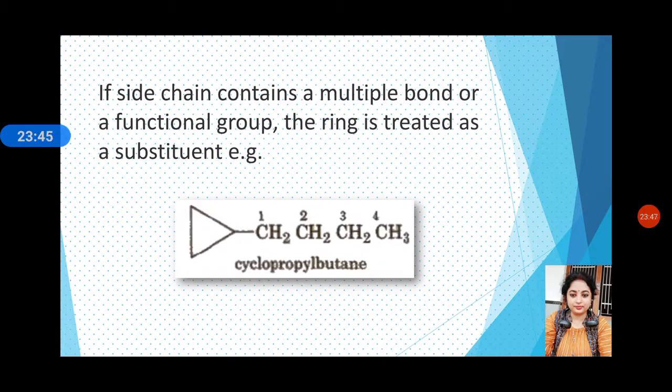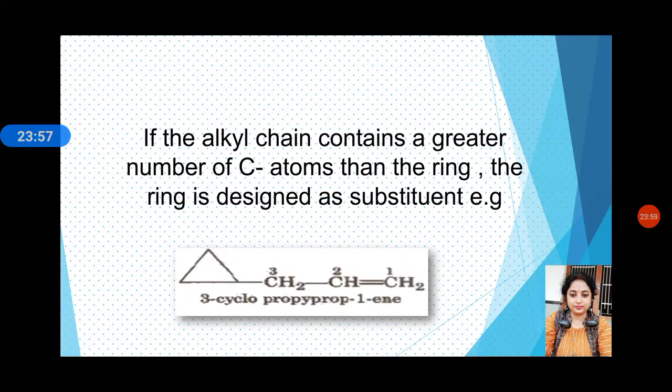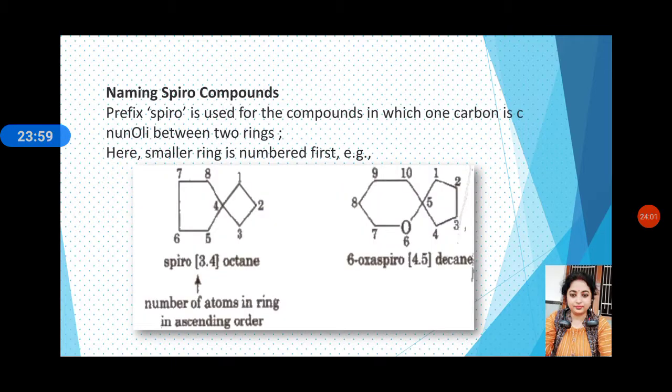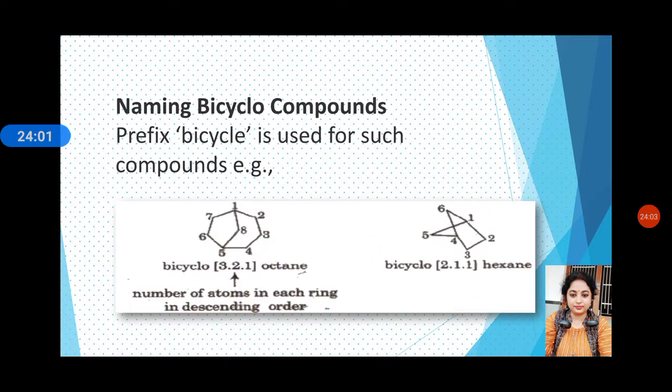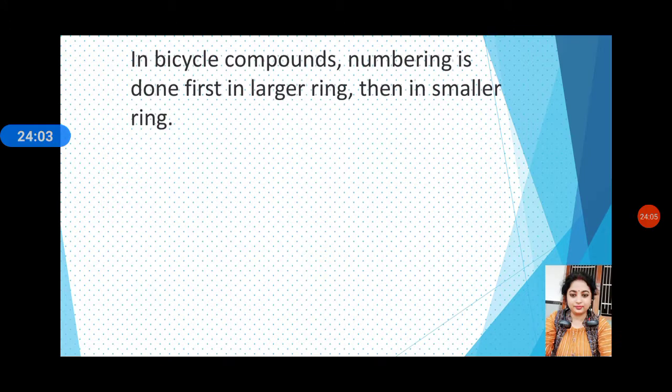If the side chain contains a multiple bond or a functional group, the ring is treated as a substituent. All these things will be clear only when we start writing names. Spiro compounds, bicyclo compounds, when they come, I will discuss.